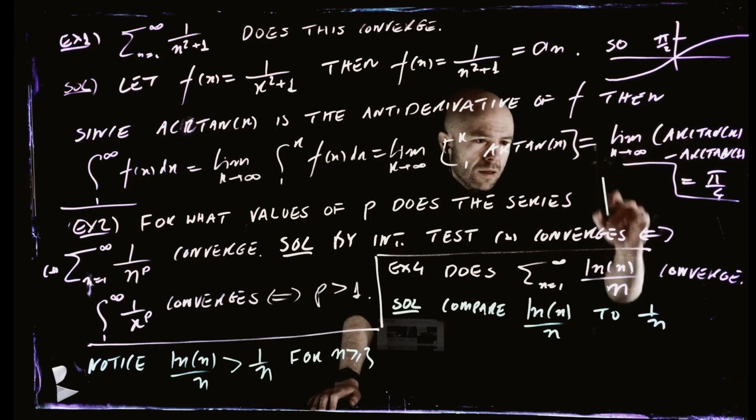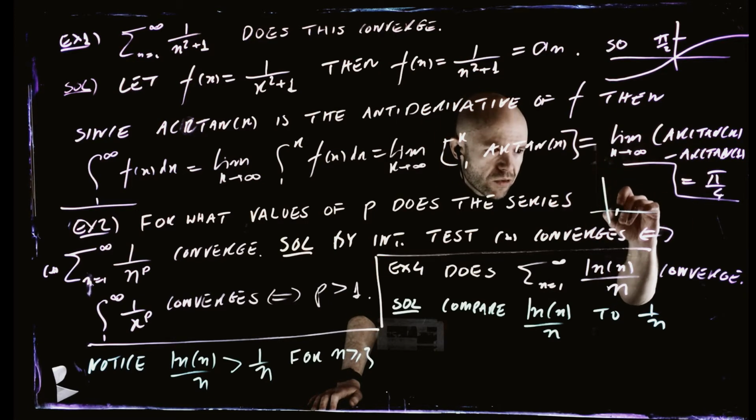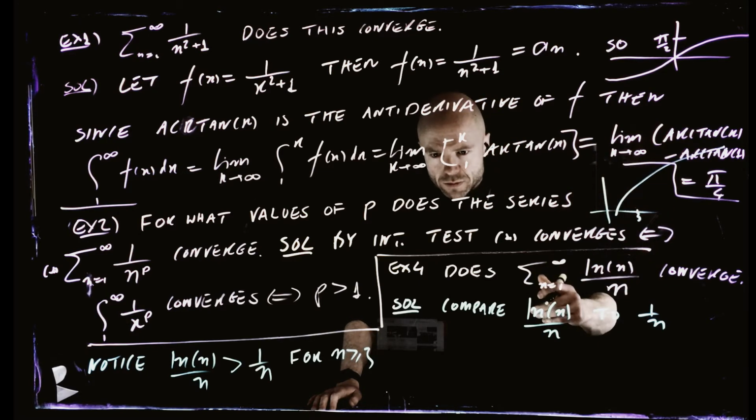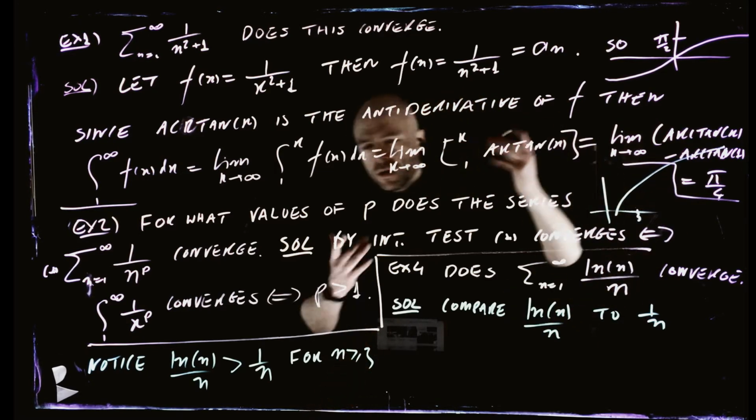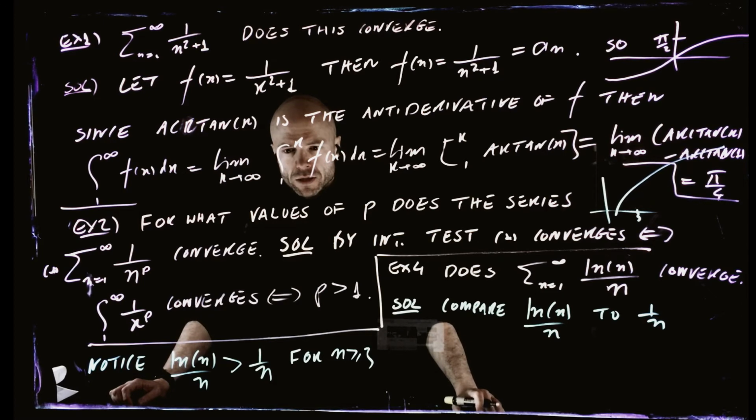Log is very, very slowly growing, but it is growing. So from 3 onwards, it's bigger than 1. Well, actually, from e onwards it's bigger than 1, but let's just say 3, because that's an easier number. All right, so why is that telling us good stuff?